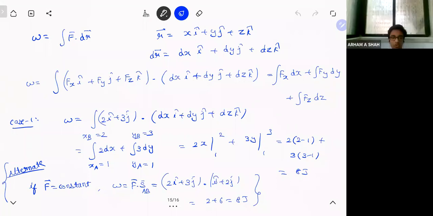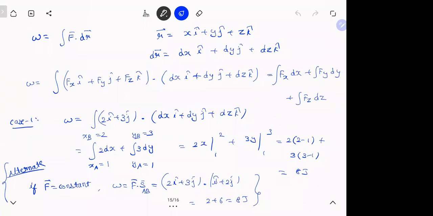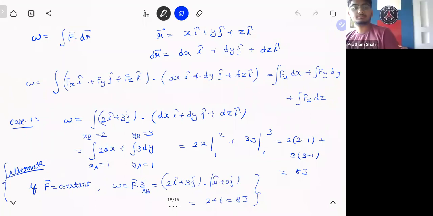So 11/2 joules per second. Right. So case 2, work done, again same stuff.